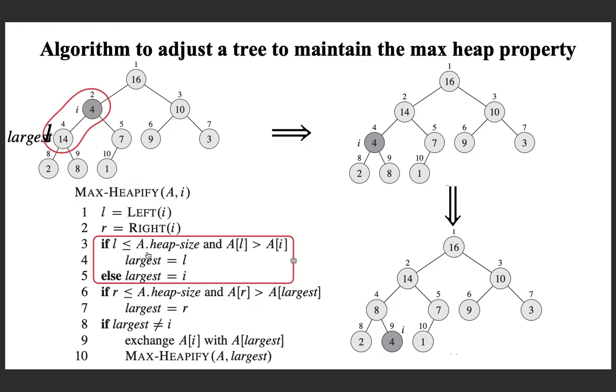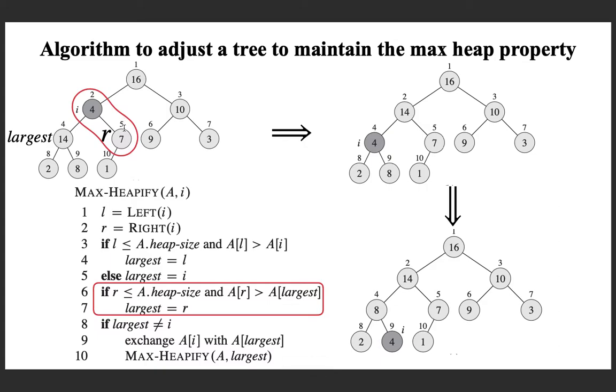You can easily verify it, and after that it will look at the right child. Sorry for the confusion in the wording. Actually I am comparing the present largest and the right child.